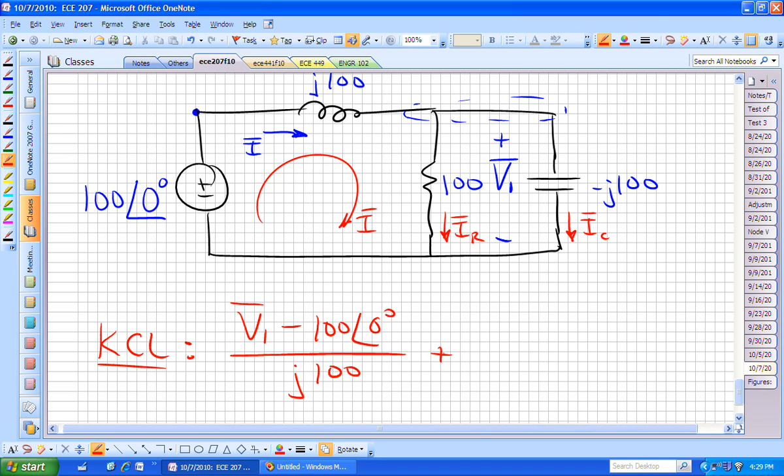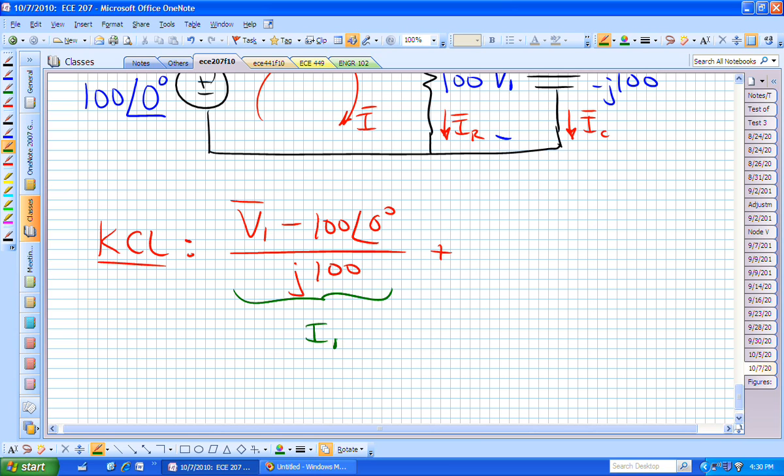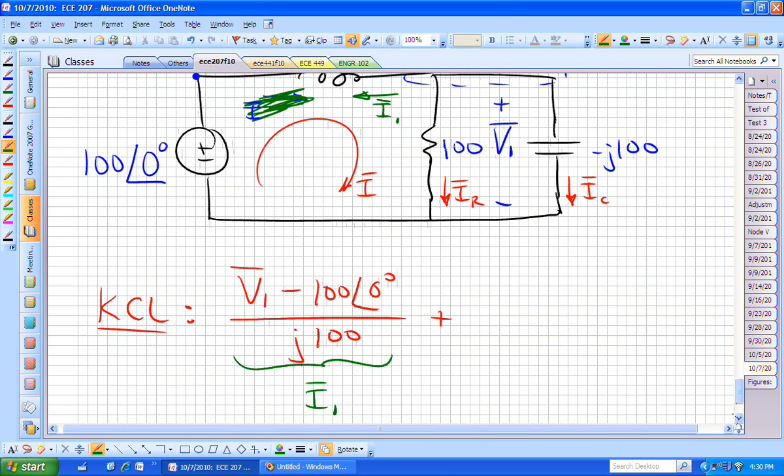This current that I've defined now is actually going to the left. That's a positive current going from right to left. So that is not this guy. It is this current. Do I have an I1 anywhere? This is I1. Is that okay? What is the current going down through the resistor?